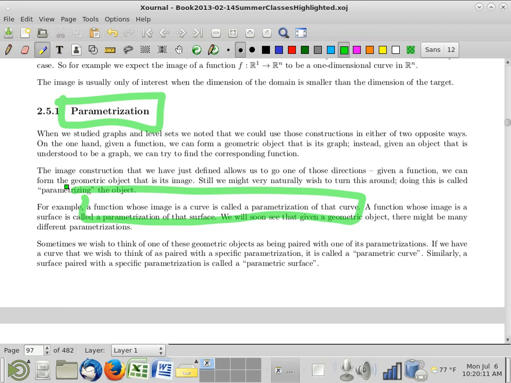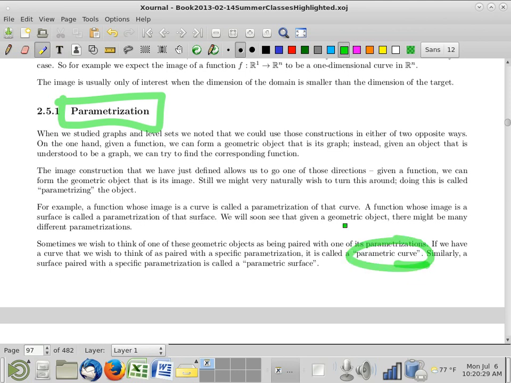Okay. Now a technical terminological point. Once you have not just a curve, but once you have a parameterization of that curve, the pair, which is the curve and the parameterization together, we call that then a parametric curve. So this is a pair. A parametric curve is not just a curve. It's not just a set of points that just sits there inert.